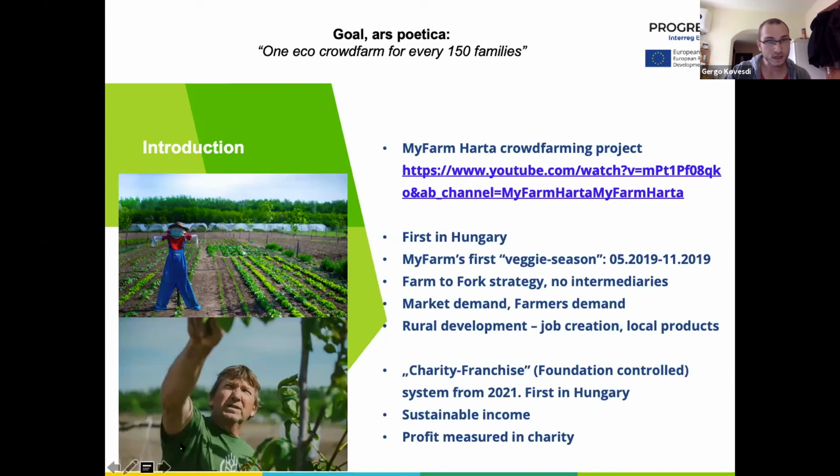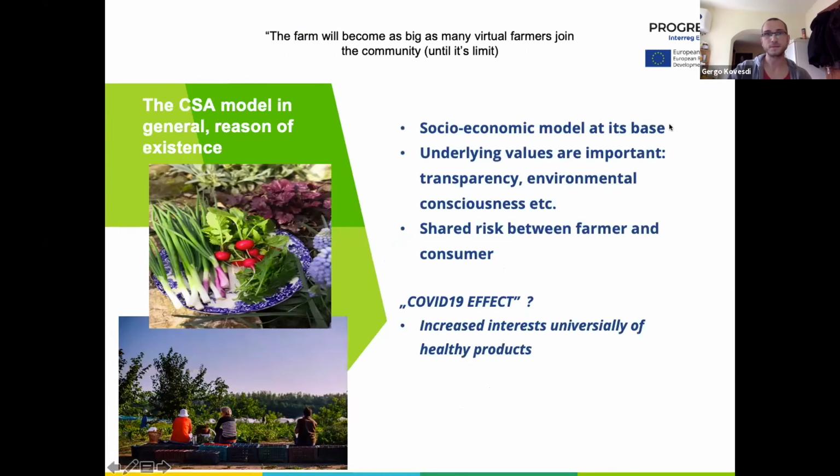Let's step to the next. Our farms, our gardens will become as big as many farmers want to join this community-based farm. Now it means that one garden can provide chemical-free and bio vegetables and other local products for around 150 families.